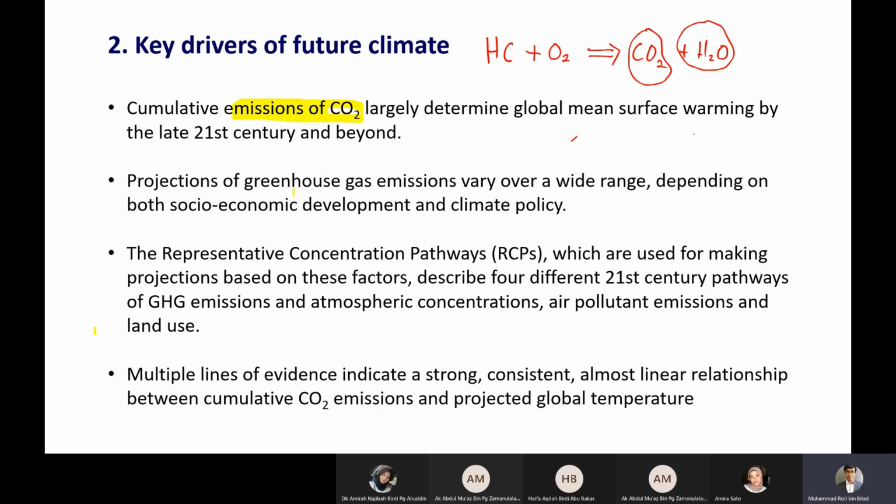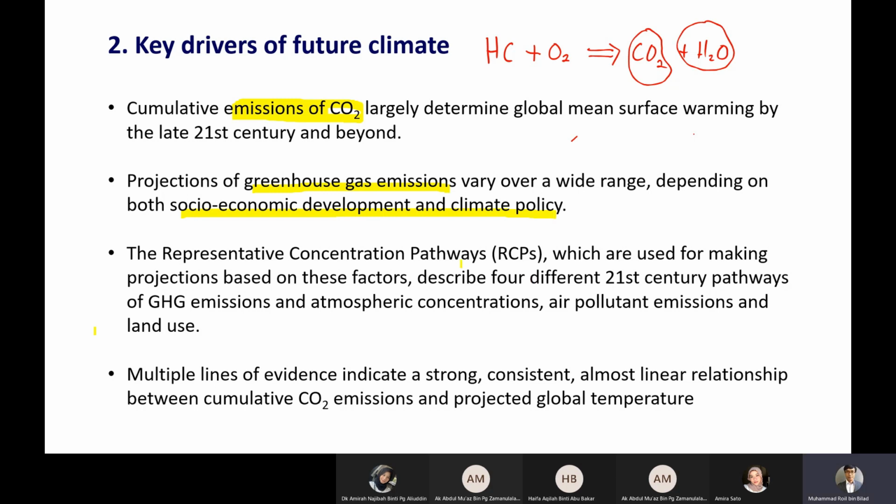And then when we project what will happen to CO2 in the future, it depends on a lot of things: the socio-economic development as well as the policy, what the global government will go through.